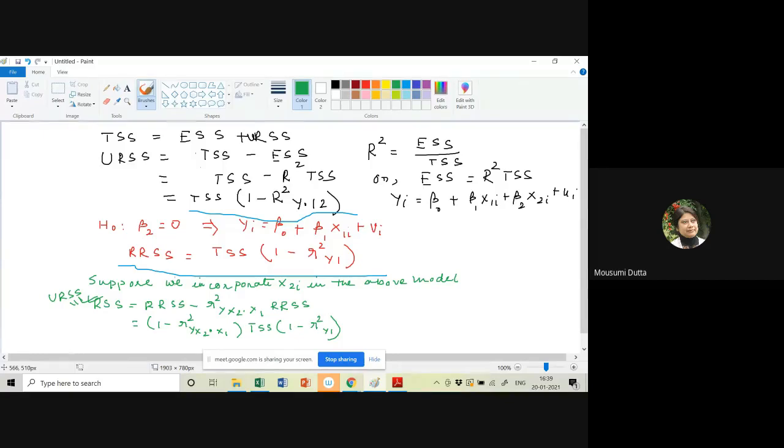However, originally there were two explanatory variables x1i, x2i. And in the green version, when we bring x2i into the red model, we have the same number of explanatory variables. So the RSS of the green part and the black part are identical. So this is equal to the URSS part.